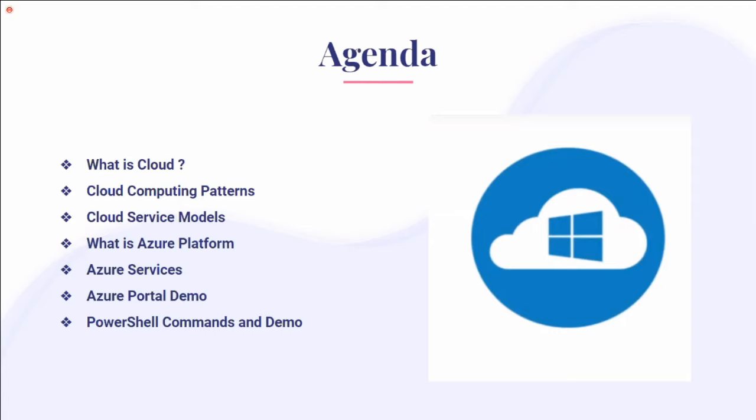Second, cloud computing patterns. Third, cloud service models, that is IaaS, SaaS and PaaS. Fourth, what is the Azure Platform. Fifth, Azure Services, followed by a short demo of Azure Portal and basic PowerShell commands with demo.